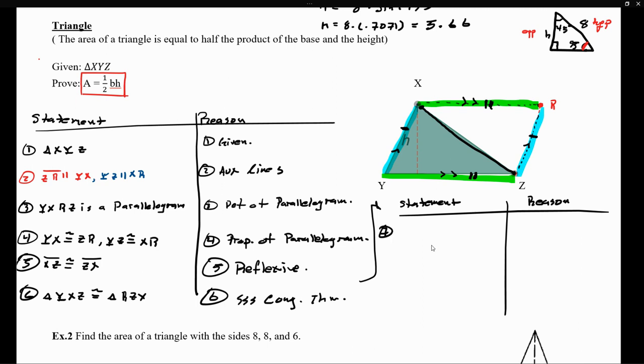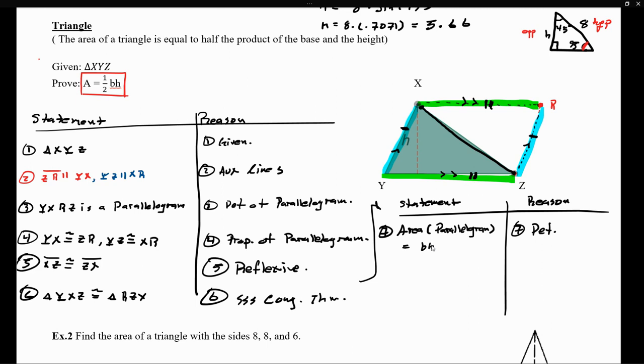We're pretty much done at this point, because notice that I know that the area of the parallelogram is equivalent to base times height. This is just definition. But since this parallelogram is the whole unit, but now notice that we were interested in just this triangle that we do have here.